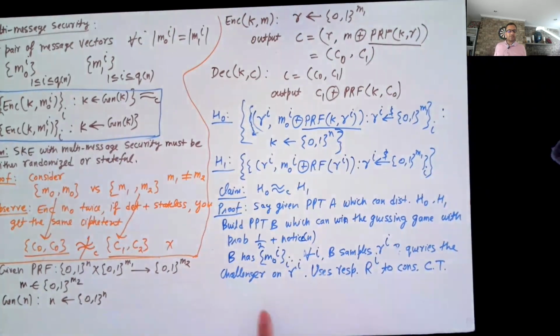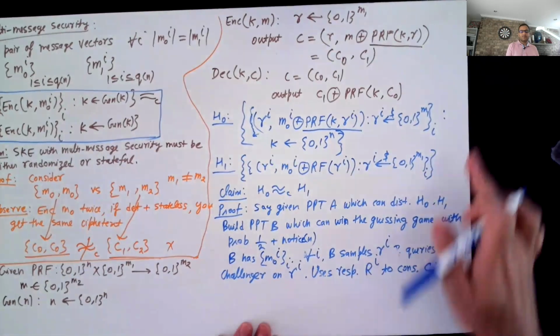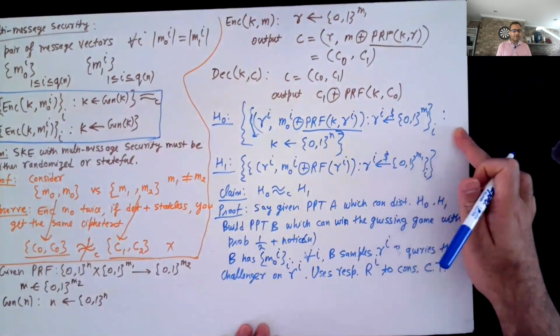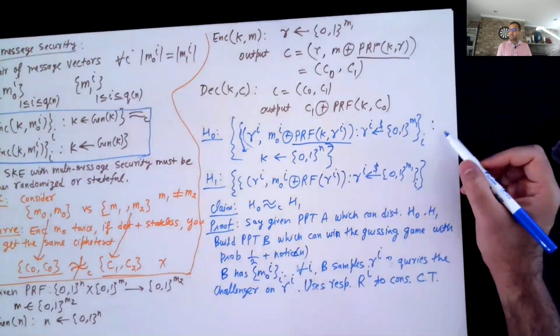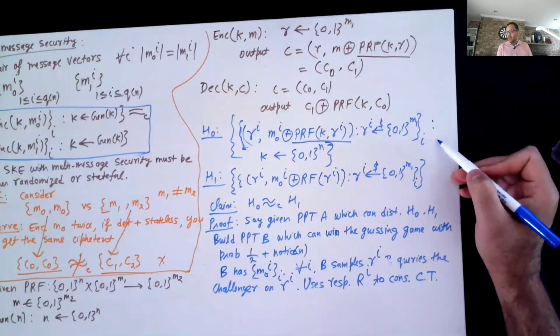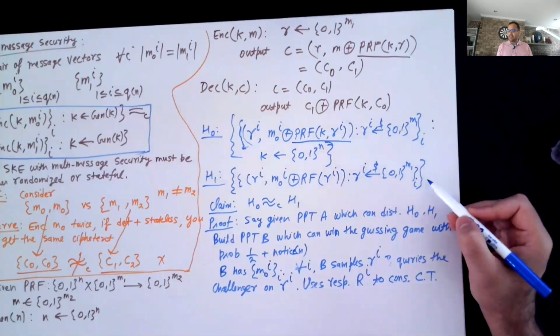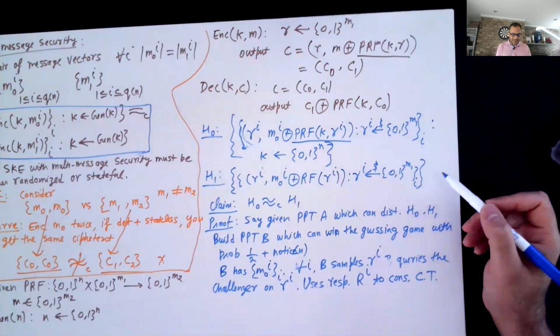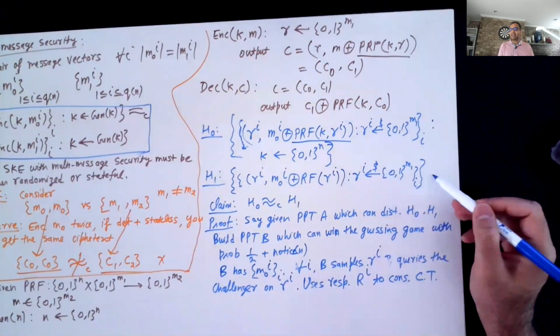So if the challenger was responding with a PRF, then the ciphertext distribution is exactly from H0. If the challenger was responding with a random function, then your ciphertext distribution is exactly H1.